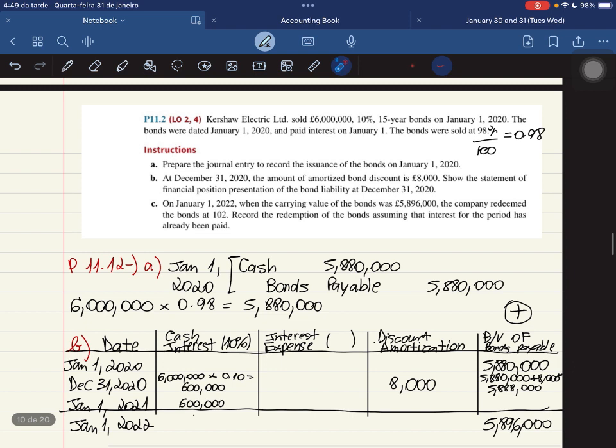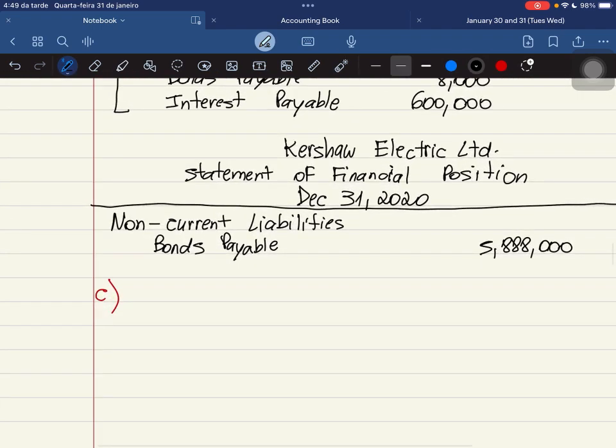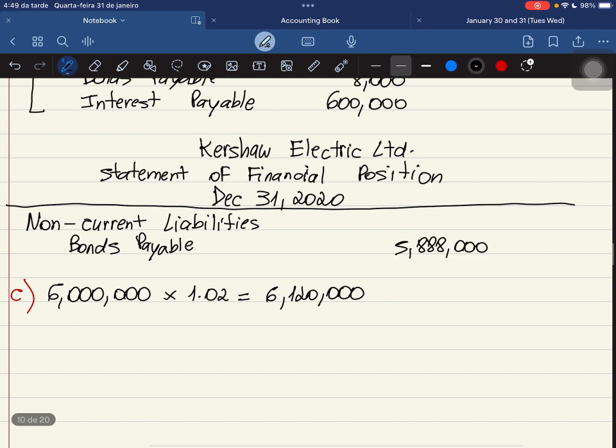So what was the value that was originally written on the contract? It was this, right? But they bought it now for 102. So we have to see how much they actually paid. So this is going to be the original value of the contract times, remember, we divide by 100, so it becomes 1.02. That gives us 6,120,000. This is the current market price. It is the price that they paid, right?